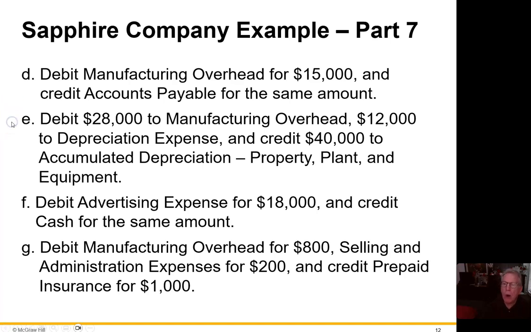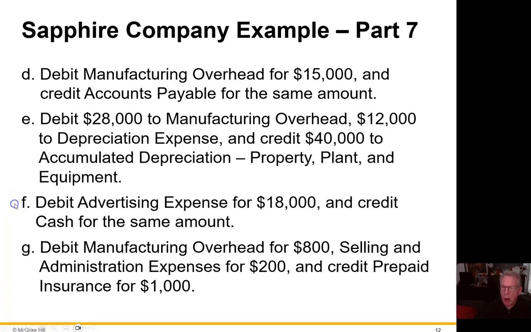For Echo, we're going to debit another $28,000 to manufacturing overhead for our other manufacturing overhead items that do not include indirect materials or indirect labor and those charged to jobs. So here, this is going into our overhead account for the depreciation expense and the credit of $40,000 to accumulated depreciation, property, plant, and equipment.